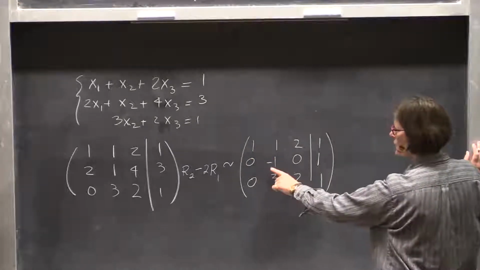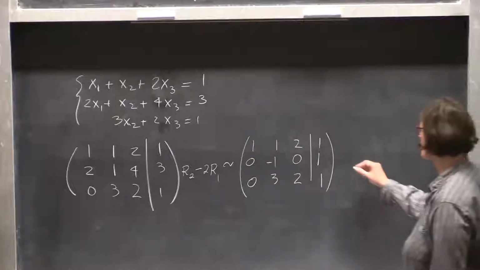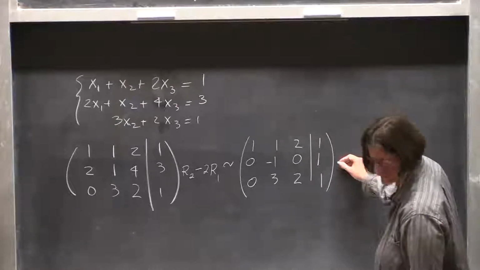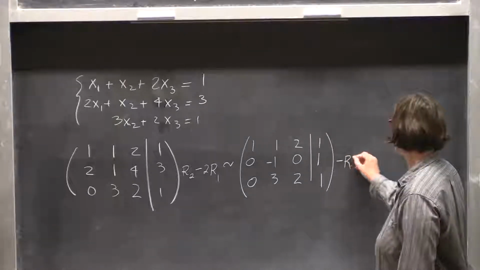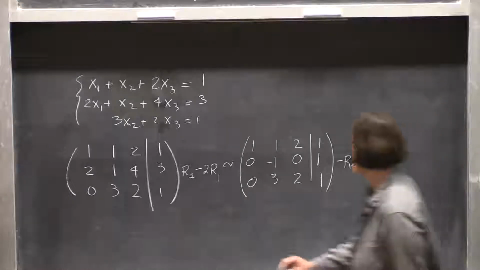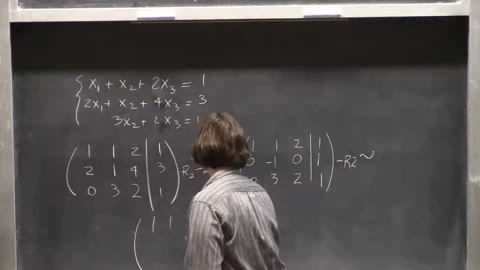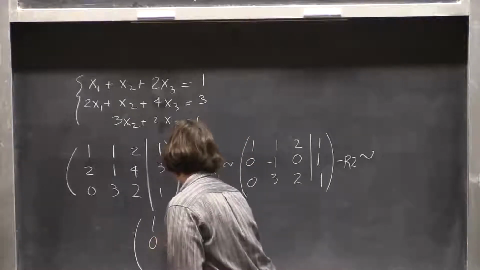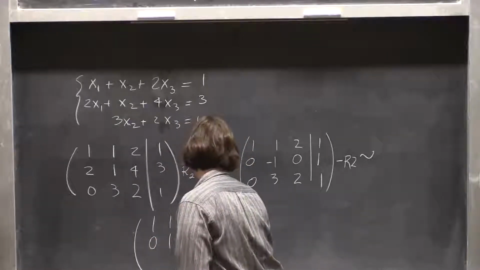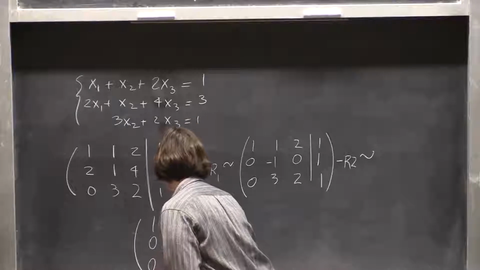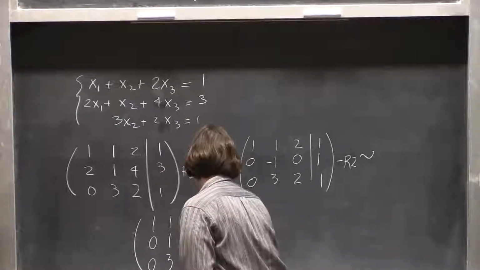So I'm going to replace row 2 with minus row 2. So I just write minus row 2. And I put a tilde. And that leads to the new system: 1, 1, 2, 1; 0, 1, 0, minus 1; 0, 3, 2, 1.